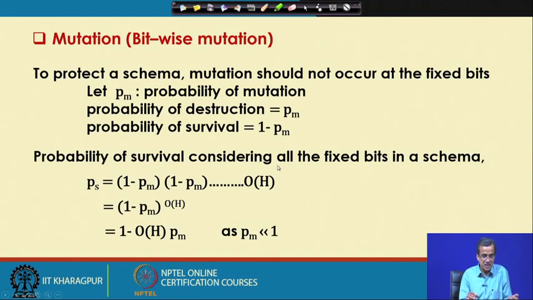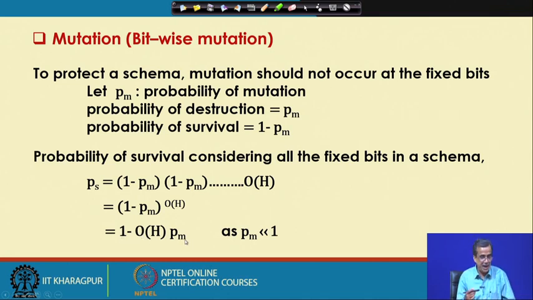So, this becomes 1 minus P m raised to the power order of H. As P m is very small compared to 1, approximately we can write it is equal to 1 minus order of H multiplied by P m, and this is the probability of survival.